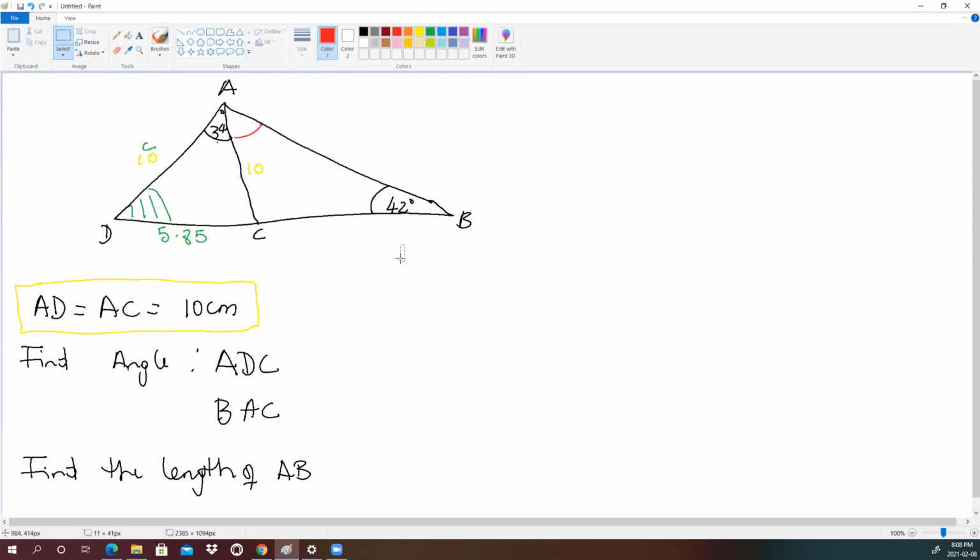So what I would say is angles in a triangle are equal to 180 degrees. So the angles in triangle ADB should equal 180 degrees because it's a triangle and it follows the rule. I'm going to add all of those angles and subtract from 180 to find the angle up top.